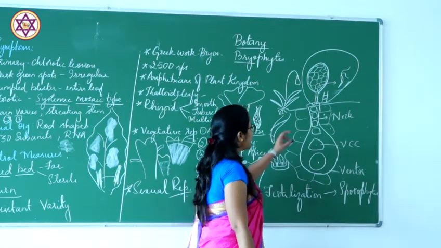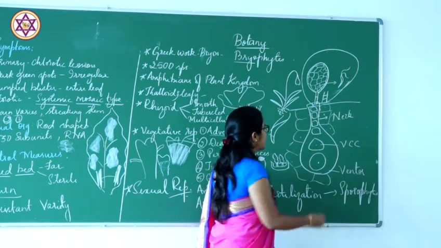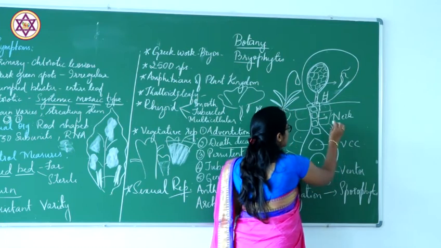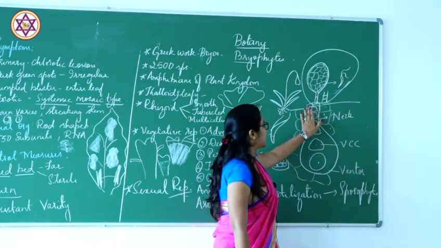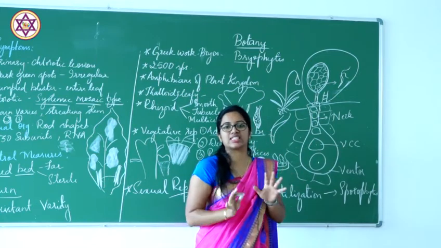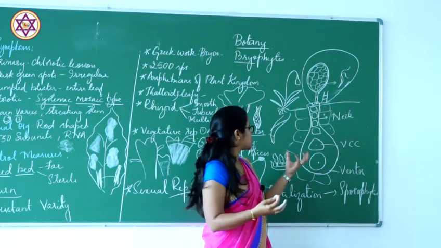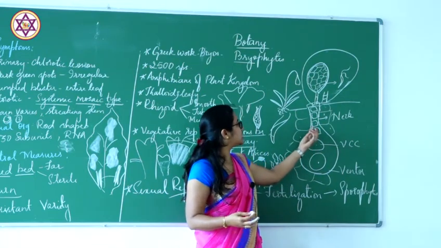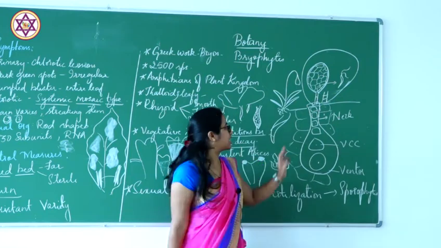So what is the speciality? As soon as this particular egg matures, the venter canal cells and the neck canal cells will disintegrate. They will disorganize themselves, and a mucilage is produced, and that mucilage will create a pressure on the neck canal cells.